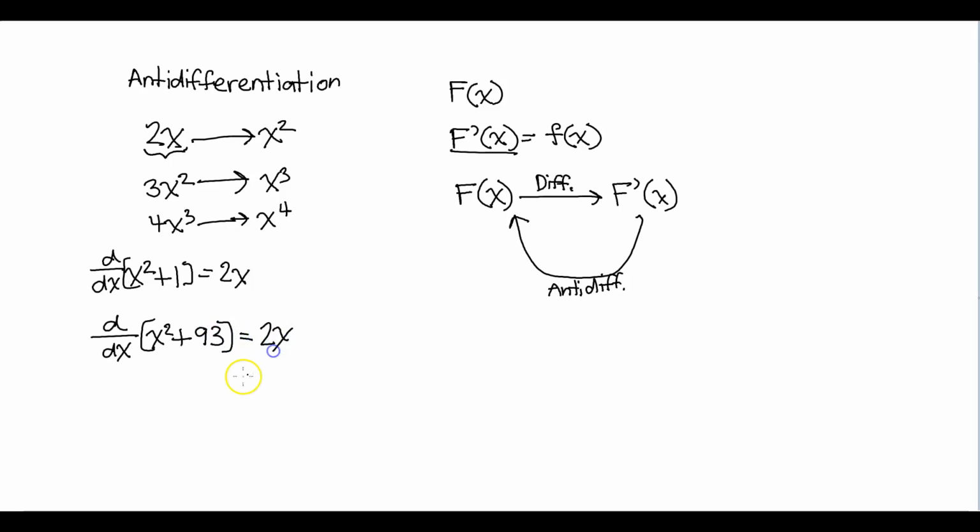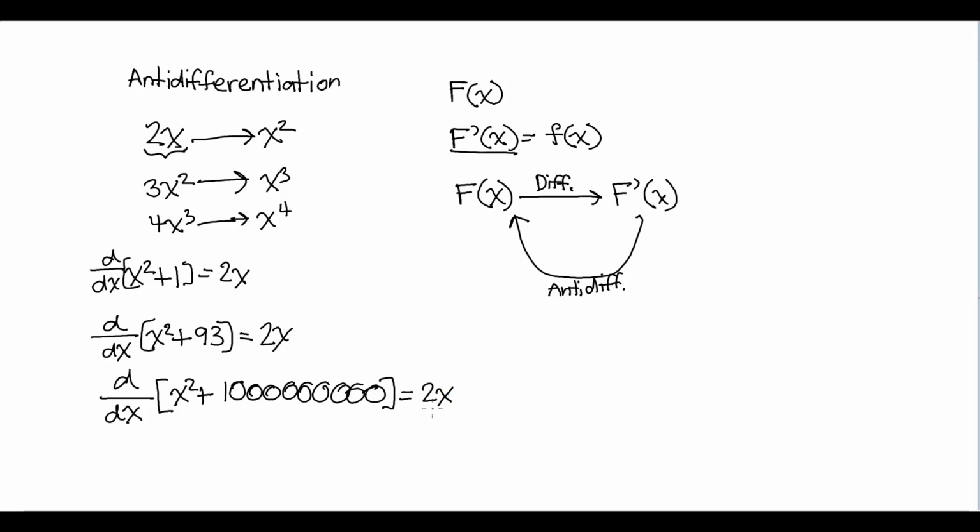That's also equal to 2x. The derivative of a constant is 0. This also happens with x squared plus 1 billion. That's also equal to 2x. Okay? These are constant terms.